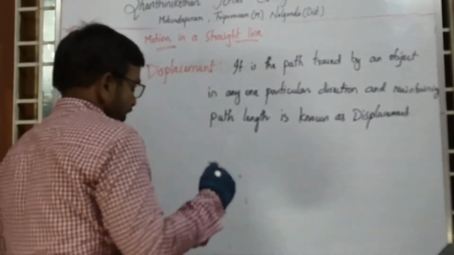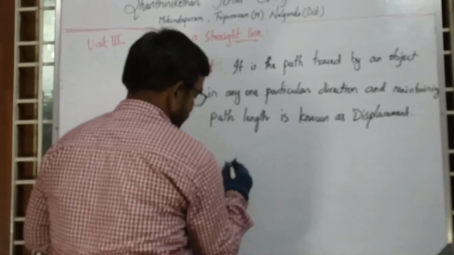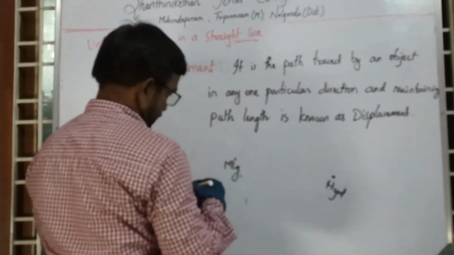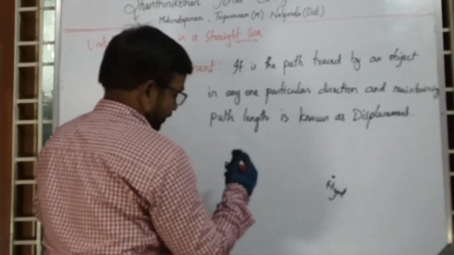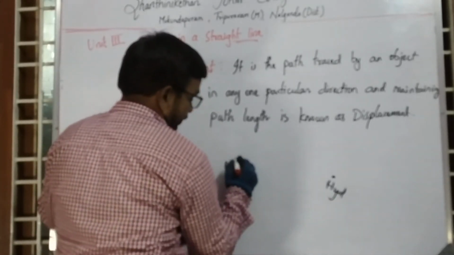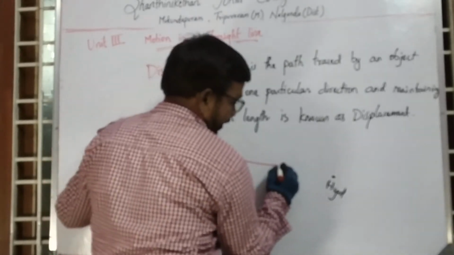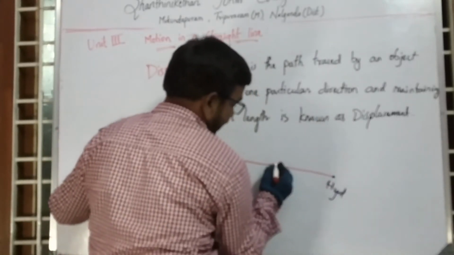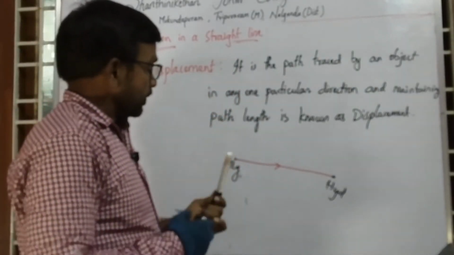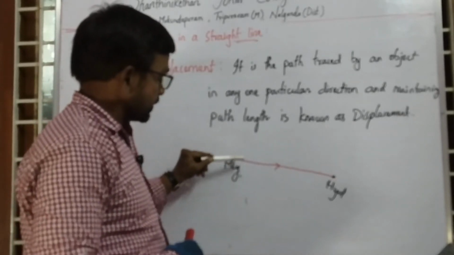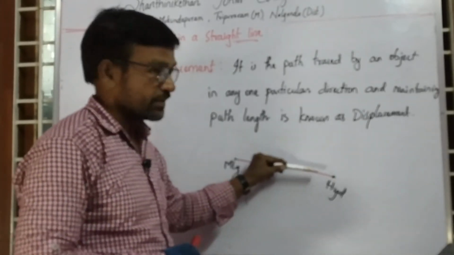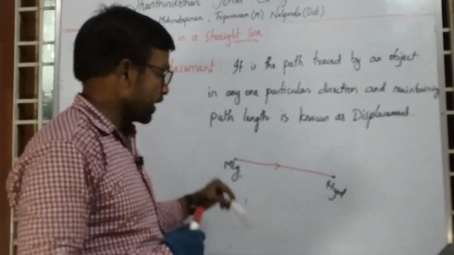Let us see how. If this is Miryalguda, this is Hyderabad. So you're going by a car. You think by a car or drone. If you think you created a drone and it is allowed to pass only in a straight path, in one direction to reach Hyderabad, it means you are maintaining some direction and path length.